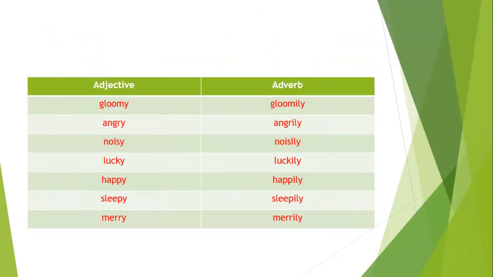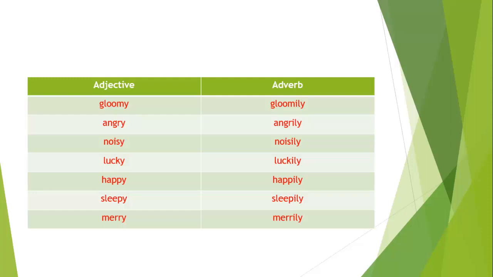Adjectives ending in y preceded by a consonant are converted into adverbs by dropping the y and adding ily. Here is a list of adjectives which have been converted from adjectives into adverb according to this rule.